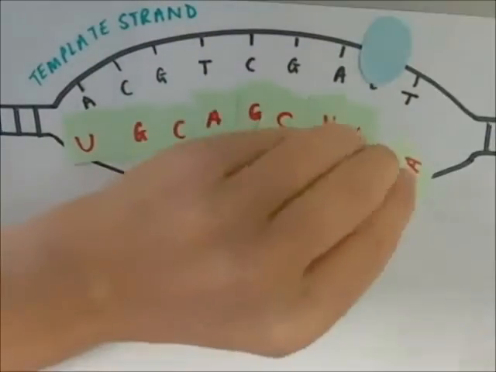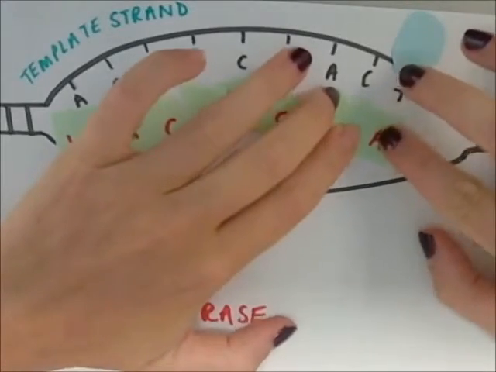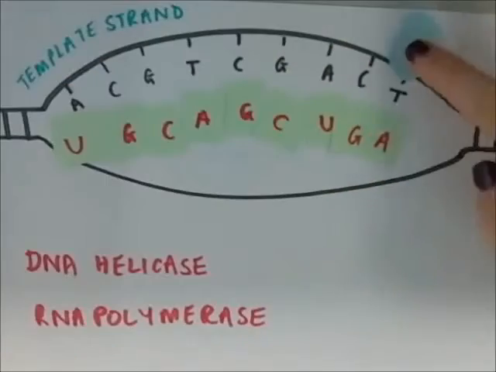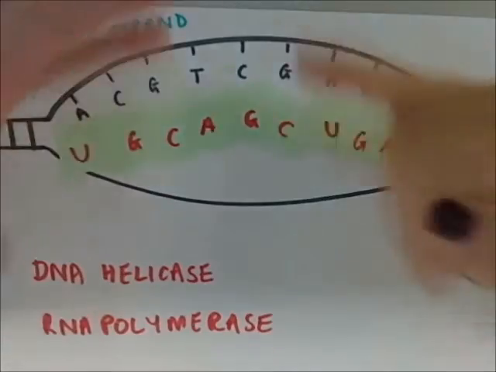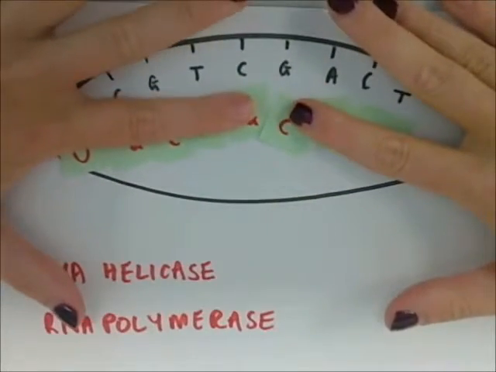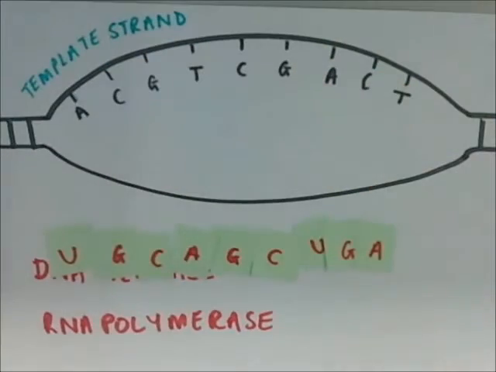So there we have our mRNA molecule, and when the RNA polymerase gets to the end, it falls off, and then the mRNA transcript leaves the DNA. So the temporary bonds are broken. The DNA now is able to coil itself back up again, and the RNA transcript is able to leave the nucleus.